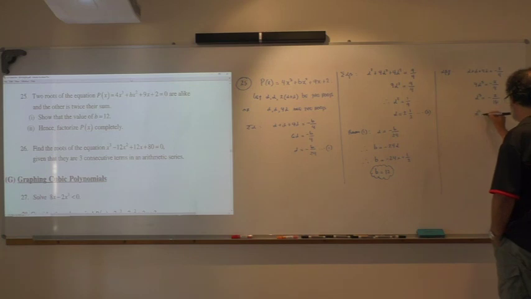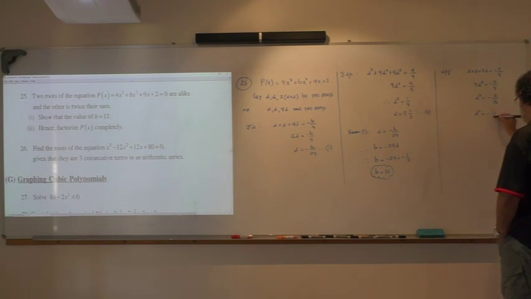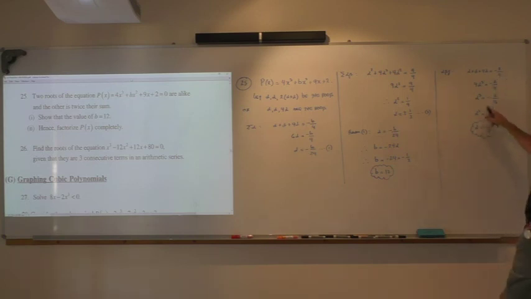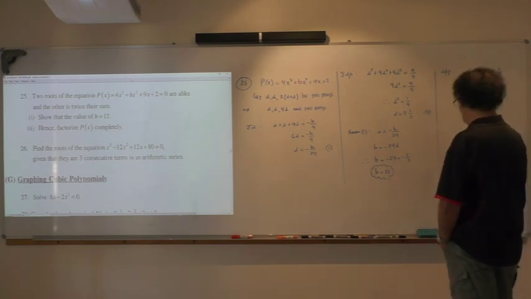Alpha cubed is equal to negative 1 over 8. So therefore alpha is equal to negative 1 over 2. Okay, I mean alpha is negative 1 over 2, from here.